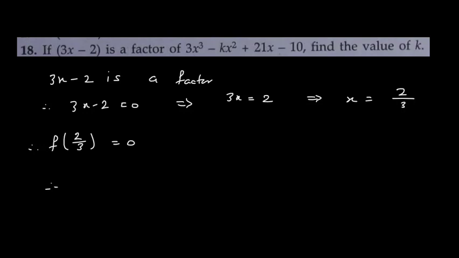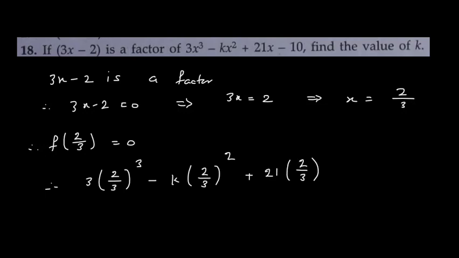So therefore f of 2 by 3 means here in this function we put 2 by 3 in place of x. So 3 into 2 divided by 3 the whole power 3 minus k into 2 divided by 3 the whole square plus 21 into 2 divided by 3 minus 10.